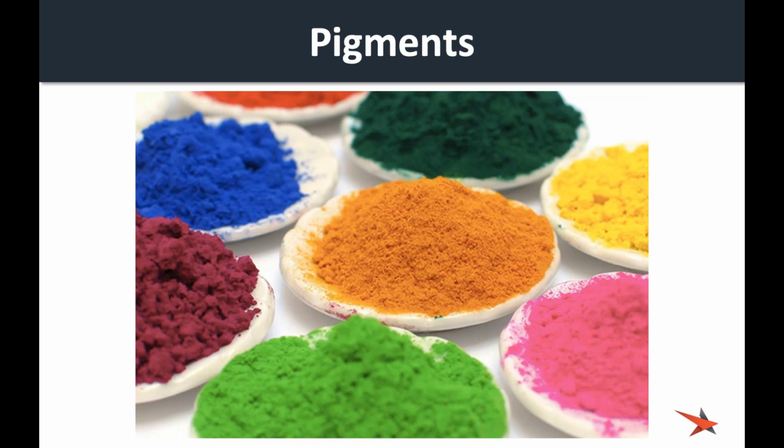Pigments. Pigments are larger powdered organic or inorganic compounds. They are also mixed into a carrier, and they stay behind on the surface when the carrier dries. They make a much stronger film layer, and that's what's used in commercial coatings.